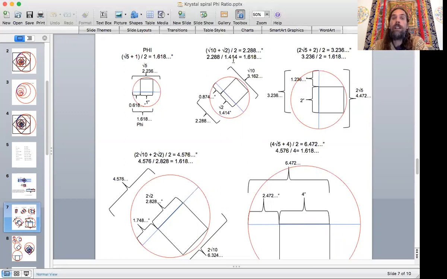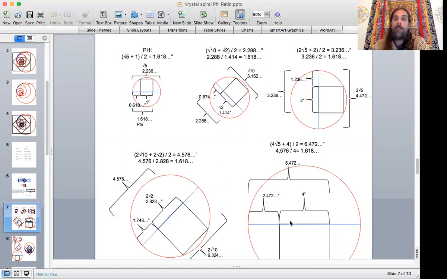But if you divide it by the 1.414, which remember is the length of the square, then it will give you 1.618. I know for some people who are into mathematics this is pretty obvious, that we're just reproducing the divine cut over and over again in all these little things.